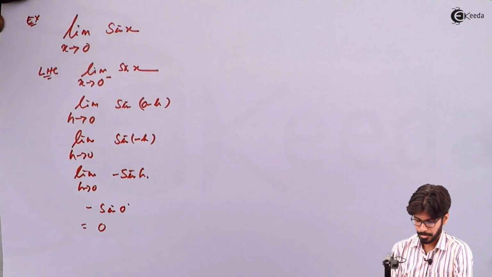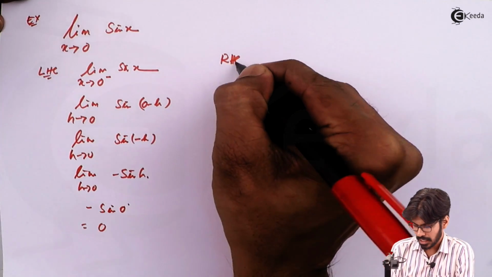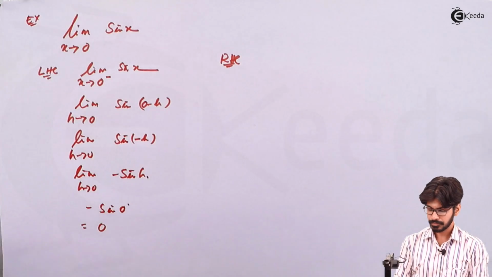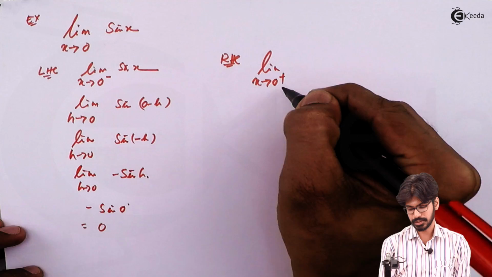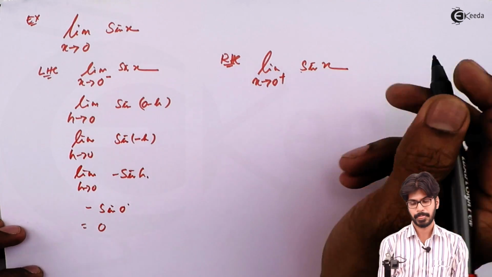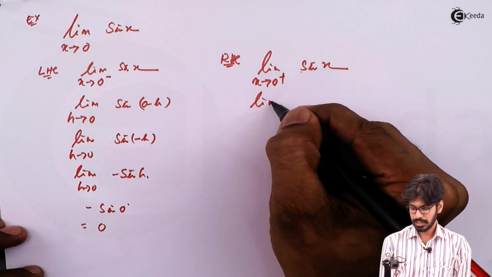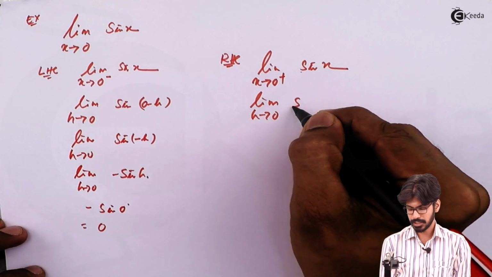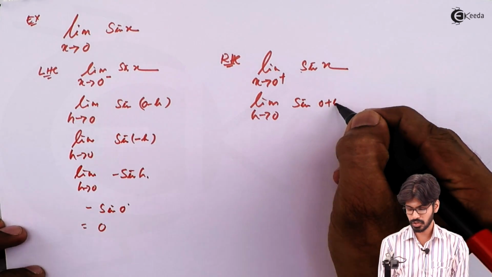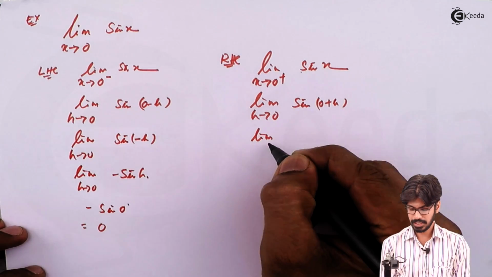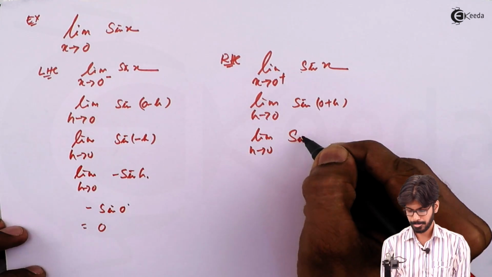Similarly, for RHL of this function, limit x tends to 0 plus sine of x, limit h tends to 0, and in place of x we will put 0 plus h, or h. Now limit h tends to 0 sine of h.